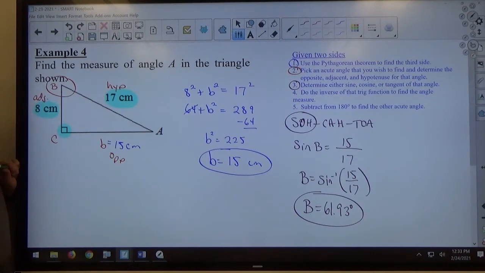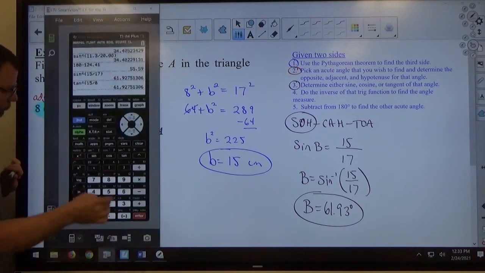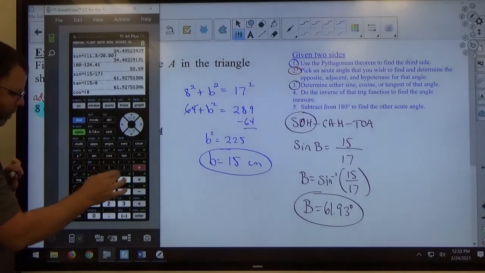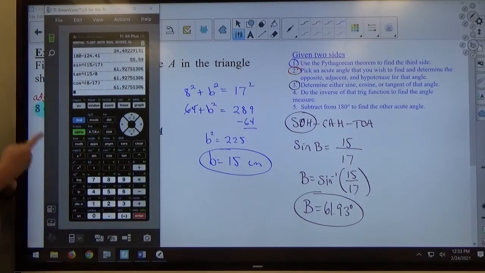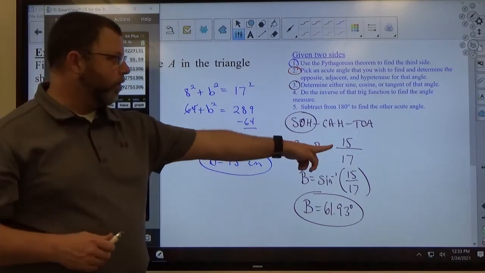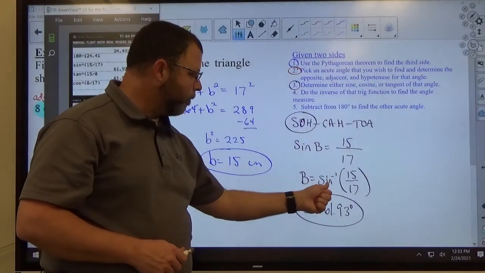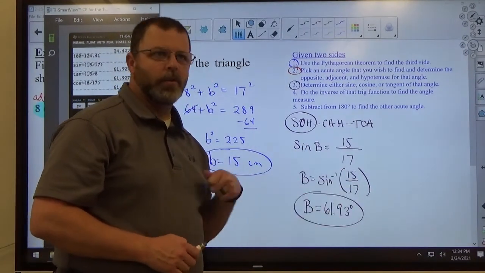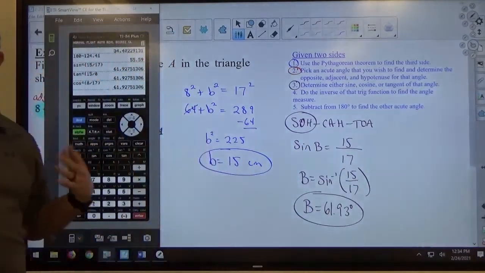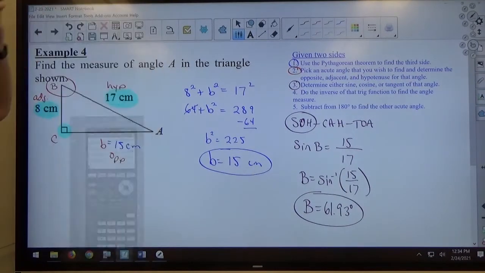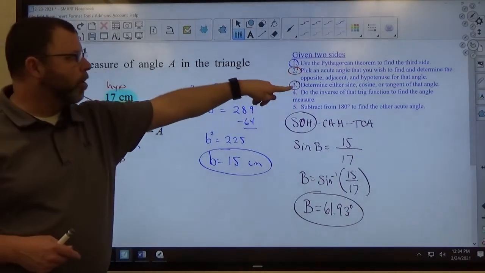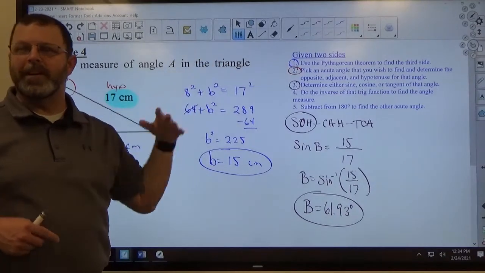Cosine of b would be 8 over 17. So if I do inverse cosine of 8 over 17, I get the same answer because that's what b equals. It doesn't matter which trig function you go with. You write the correct ratio here, and then do the correct inverse trig function of the correct number, you're going to get the correct answer. That's what b equals, and there's no way to avoid that. So where it says determine either sine, cosine, or tangent, it doesn't matter which one you pick.